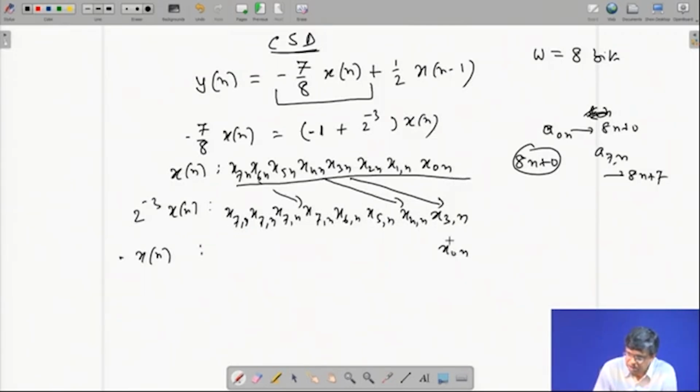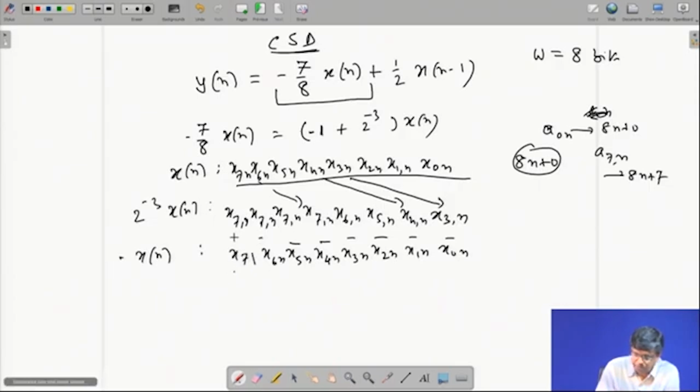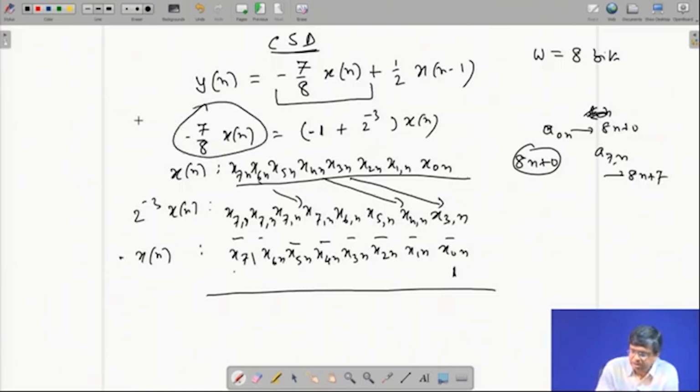So x0n should be complemented, x1n should be complemented, and 1 has to be added at the LSB. This is the job I need to do to get minus 7 by 8 xn.